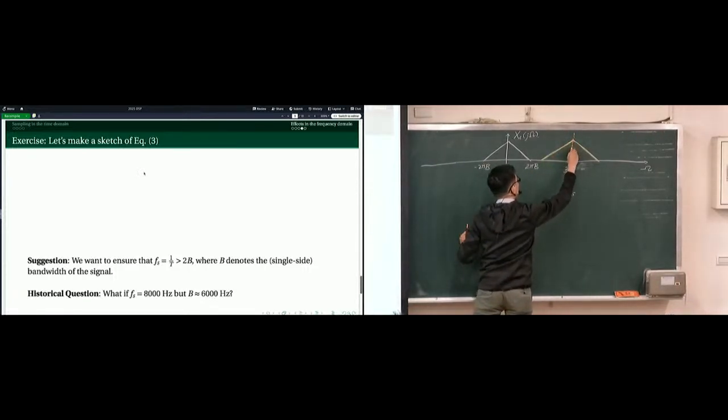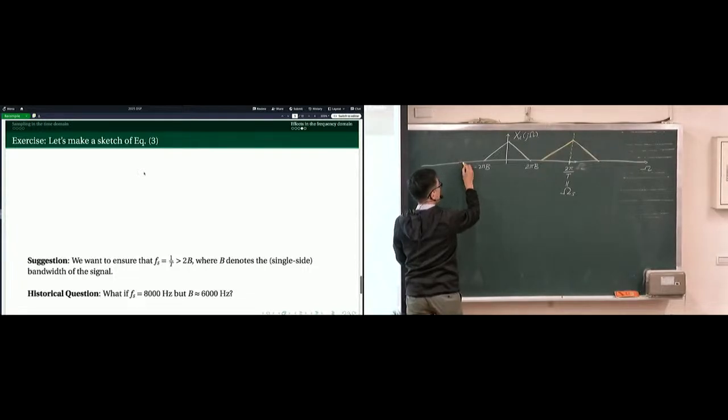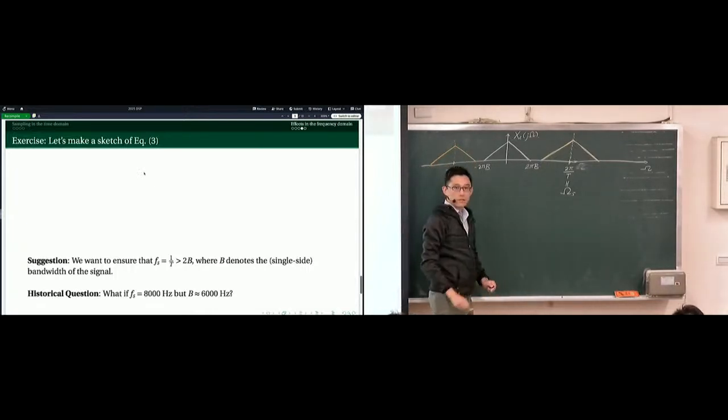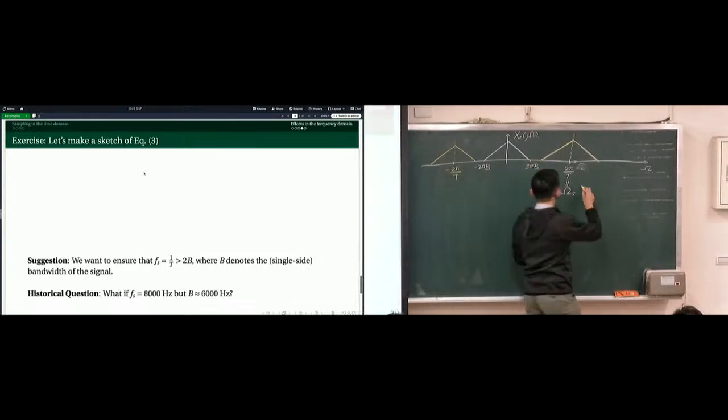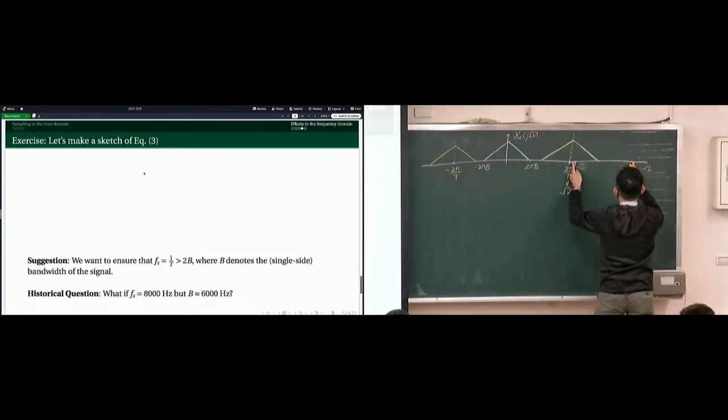So let me just draw a dashed line right here, something like right here, maybe. 2 pi divided by T with a minus sign. Everything should be symmetric. Right here, that's another copy. And theoretically, here we also get yet another copy.